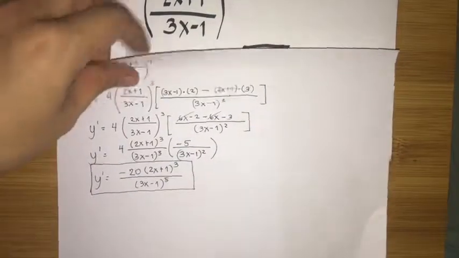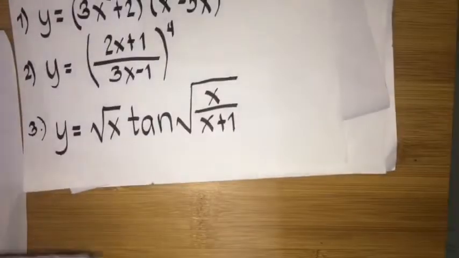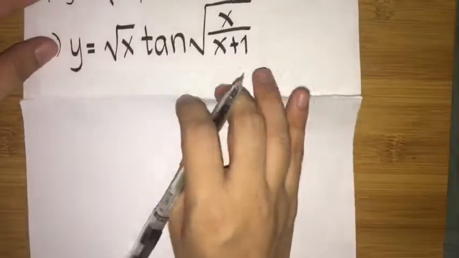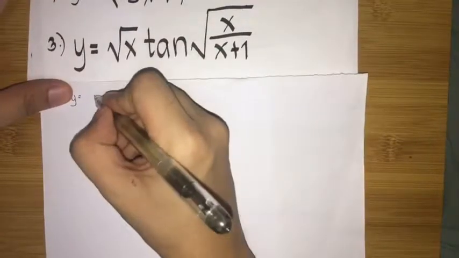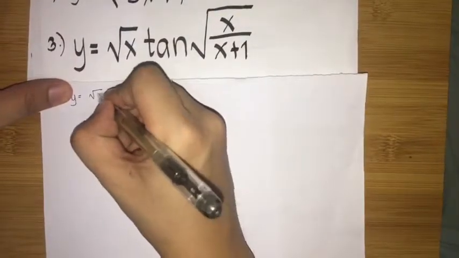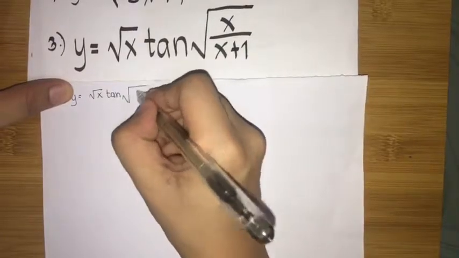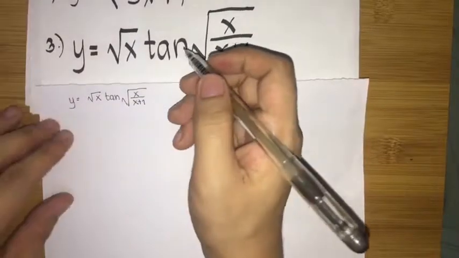Okay, let's now proceed to the last example, which I think is the most complicated one. Okay, alright, we have y is equal to square root of x tangent of square root of x over x plus 1.